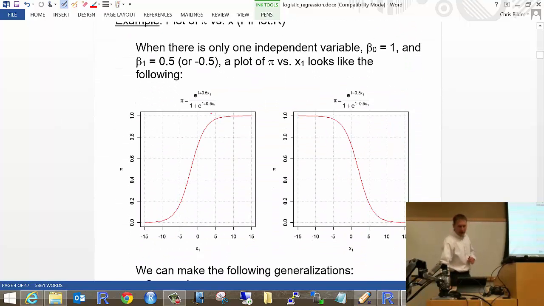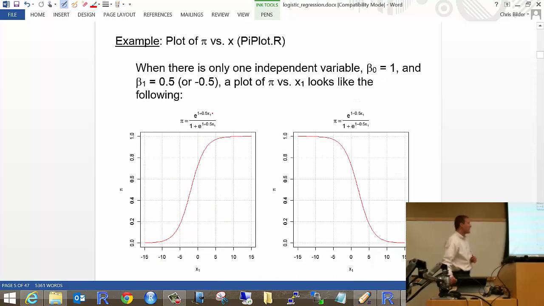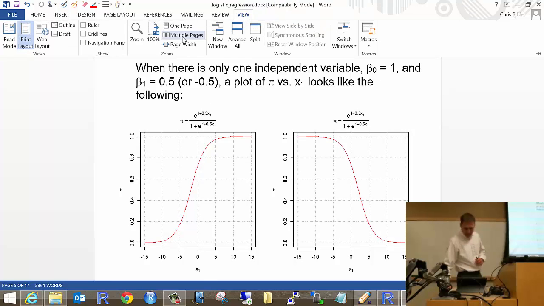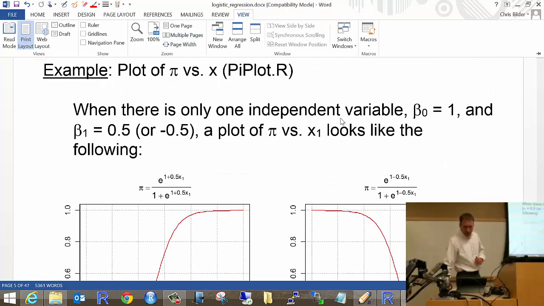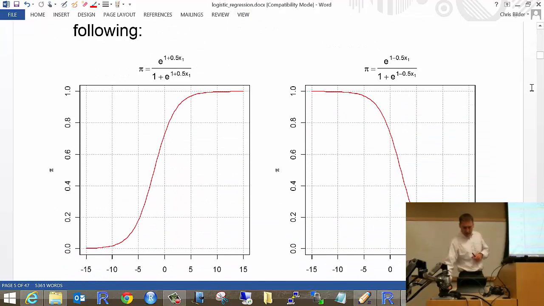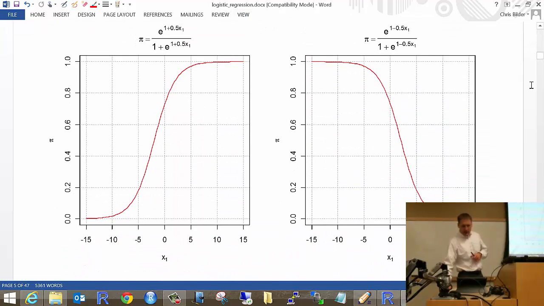And let's just end with some nice plots of this model. Let me actually blow this up a little bit. So let's look at a particular situation where, let's say, beta 0 is equal to 1, beta 1 is equal to 0.5, and we only have one x, call it x1. Then if you look at the left-hand side here, you see a plot of that particular model.